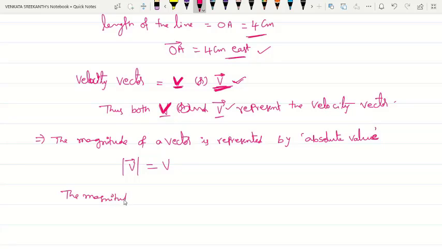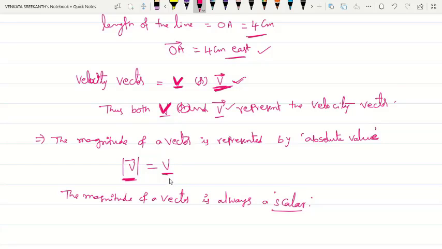The magnitude of a vector is always a scalar. The magnitude of a vector is always a scalar form. Okay, my dear students, this is the magnitude of the vector, and this value is in scalar form.